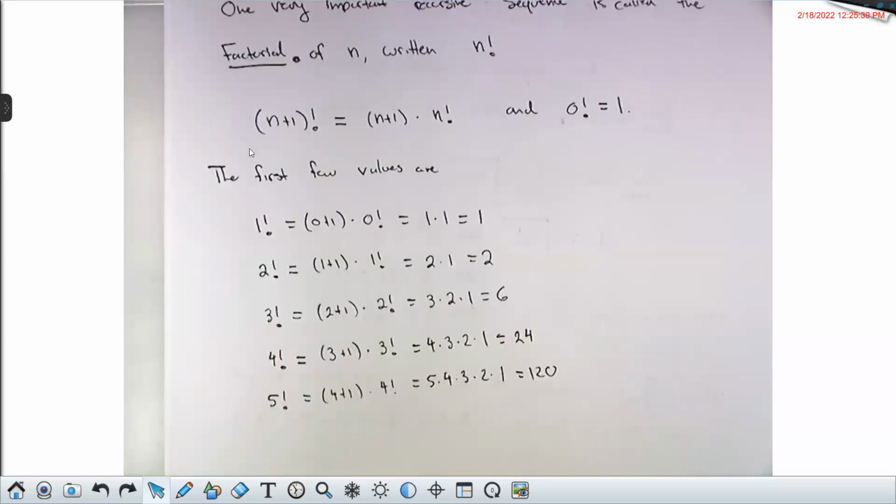The reason I'm writing the second to last column the way I am is to illustrate the closest thing to a nice formula for the factorial that we can get.